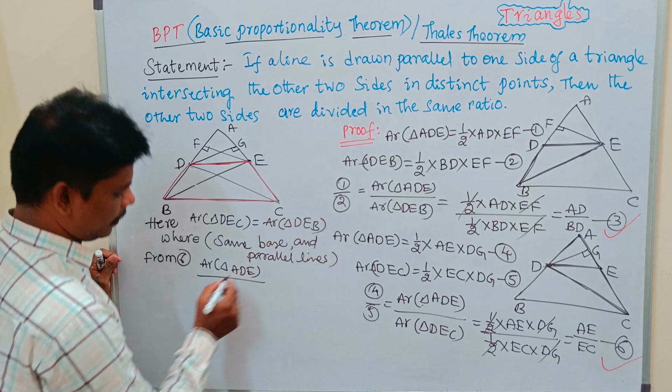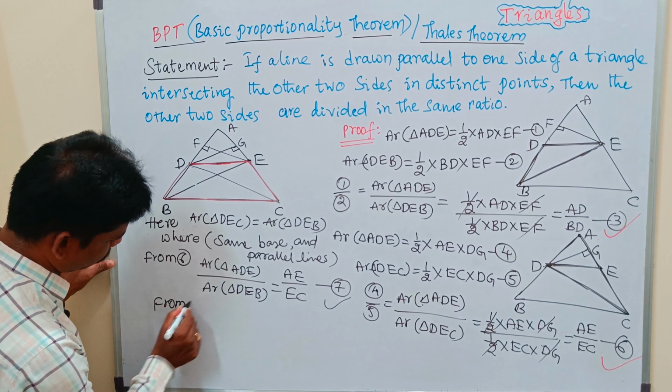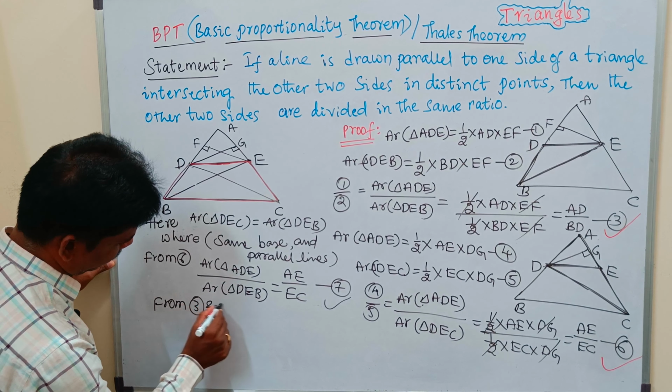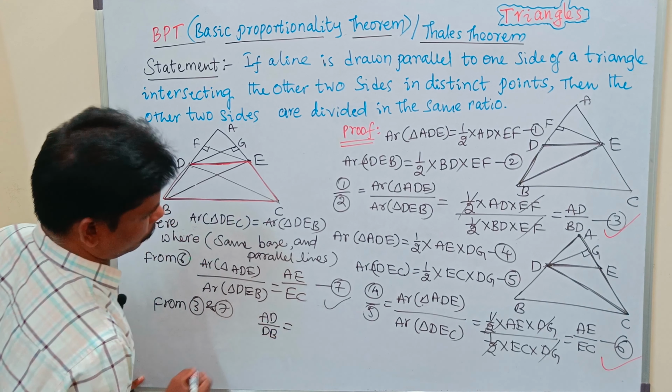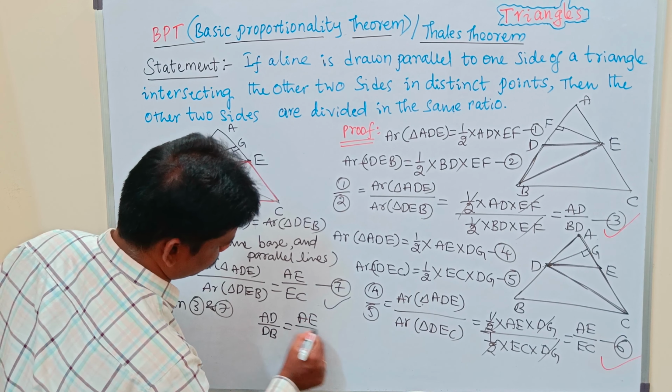So observe here, from 3 and 7, the LHS are equal, then the RHS are equal. So therefore AD by DB is equal to AE by EC. That is what you have to prove. Therefore, hence proved.